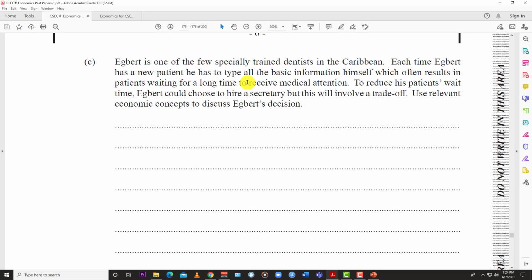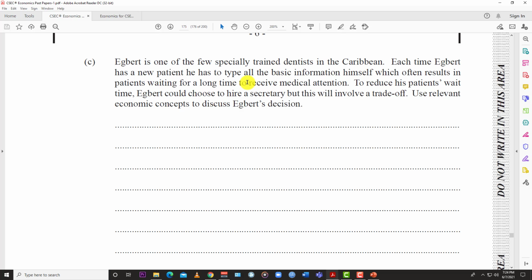So we see choices. You have to make a choice between either spending time filling out the stuff or hiring somebody. And if he does hire somebody, he has to give up the money that he would have collected in someone else's salary. So that's a choice you have right there. Opportunity costs come into play.